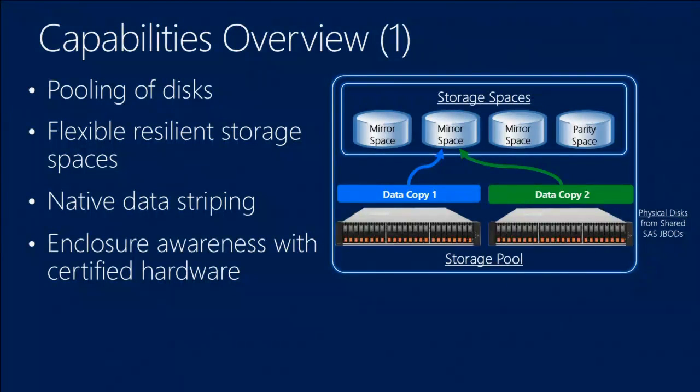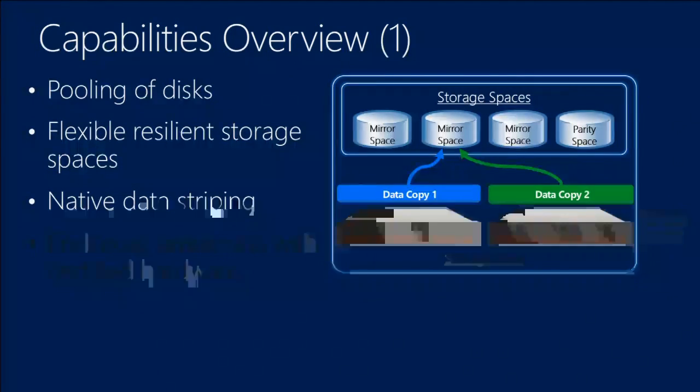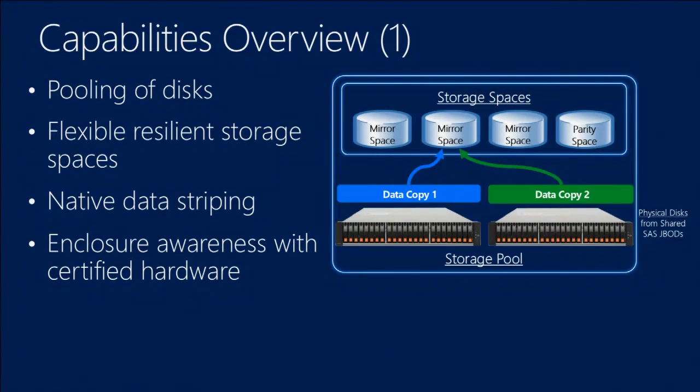We also, with Spaces certified hardware, if I create a resilient virtual disk, Spaces will place independent data copies on independent JBODs. And this is possible because the JBODs report us information on the physical disks. So they tell us which slot the physical disk is in and which enclosure the physical disk is in. So for instance, if one of these disks fail, Spaces will automatically blink the LED on that disk.